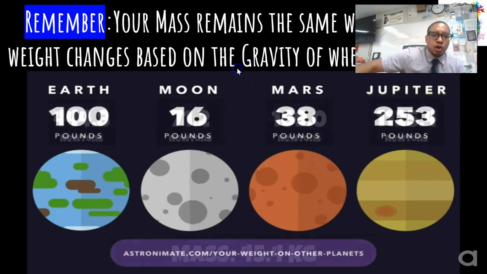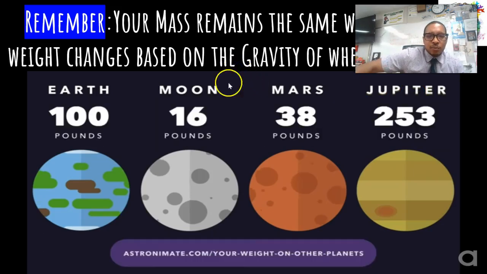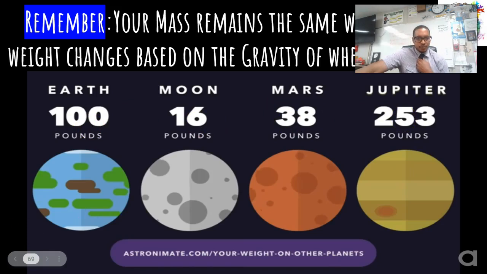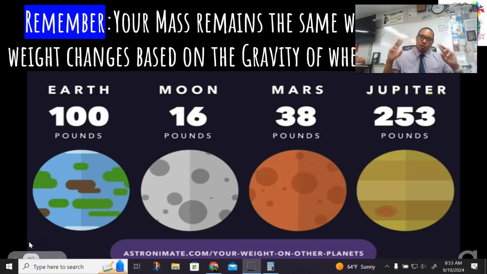If you take a look at this, I do want to point something out. We usually like to use pounds in what we would call the U.S. customary units, like pounds, feet, and inches. But just know that the rest of the world and science use the metric system.